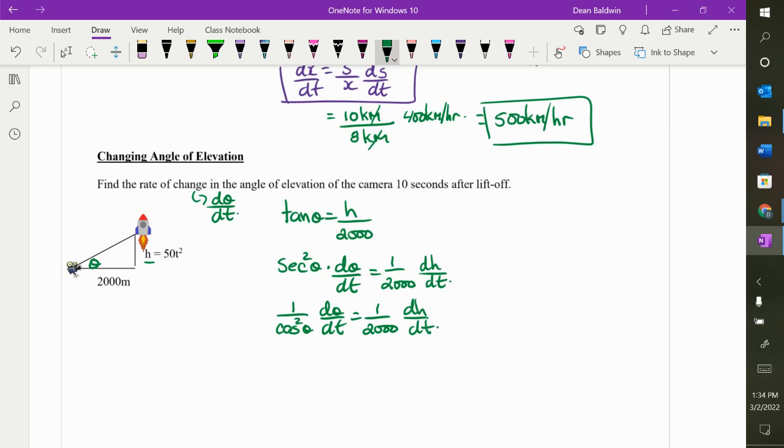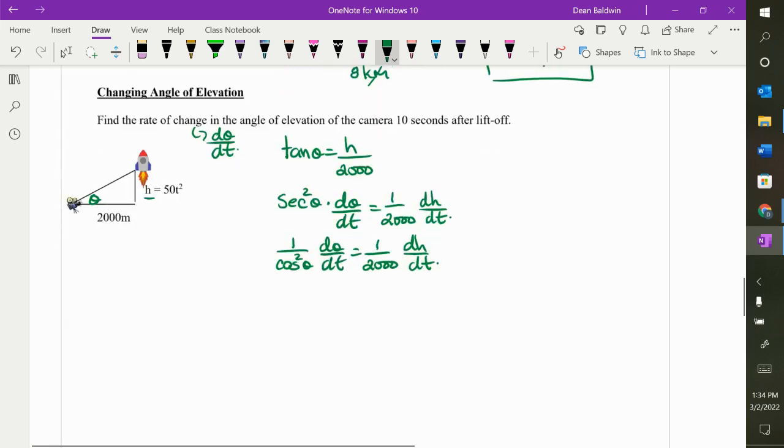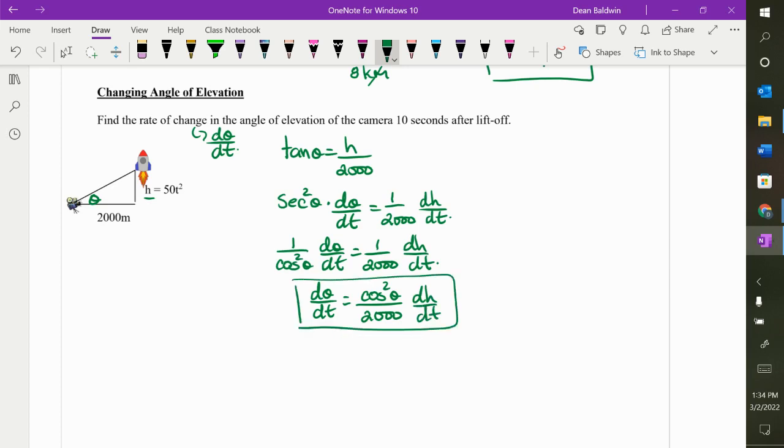How do I get cos squared to the other side? You just multiply it up. So you can get d theta dt is equal to cos squared theta over 2,000 times dh dt. That is my formula I want to use.